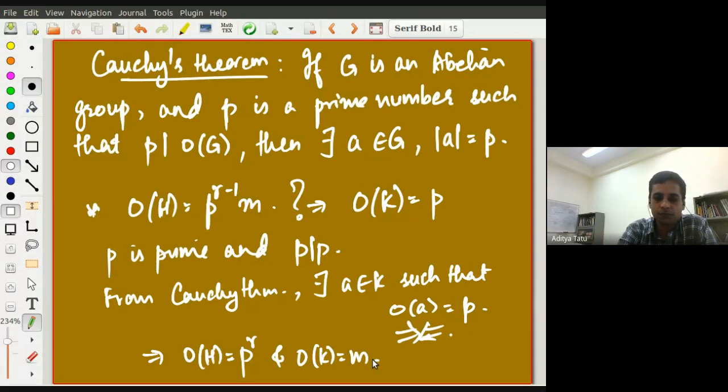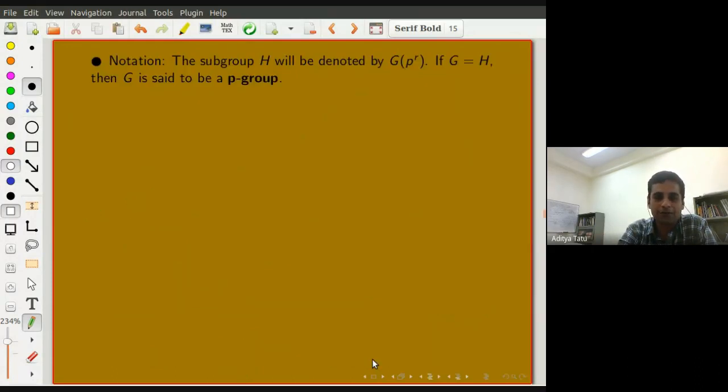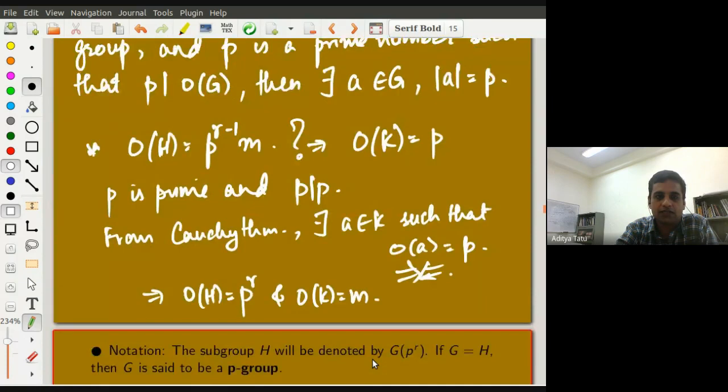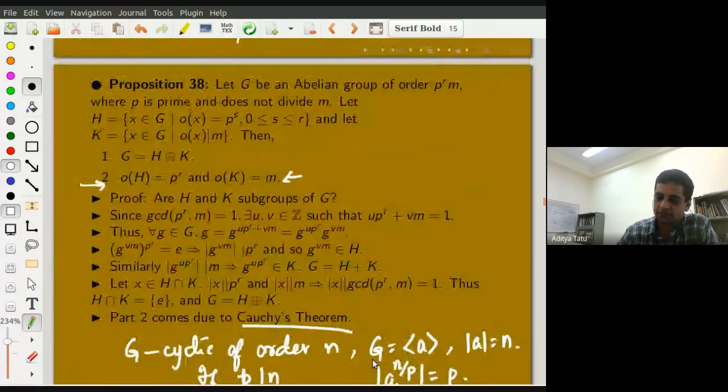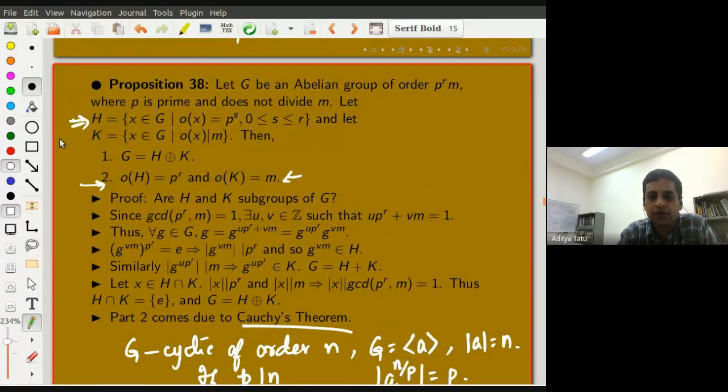Okay, let's move to a very complicated result here. Before that, a small notation. This subgroup H that we worked out has p to the power r elements.